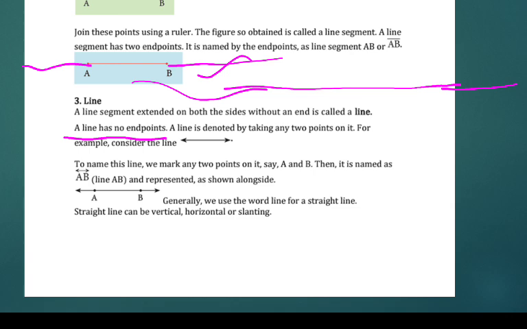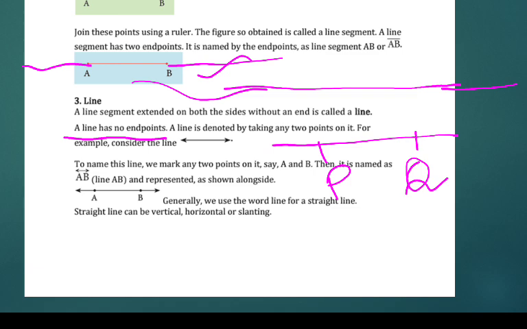A line is denoted by taking any two points on it. In between the line you can take any two points. For denoting it, suppose I am taking P and Q, so I denote this line as PQ. For example, here is a line.